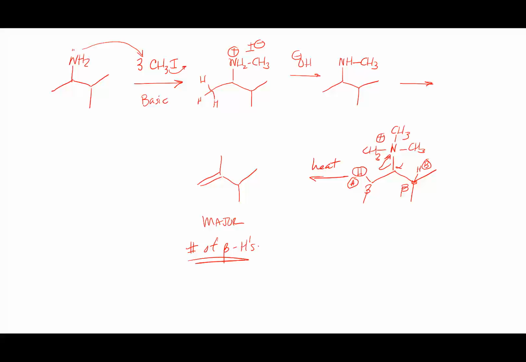What's left is this hydrogen comes in here, the N leaves, so I end up with a double bond, and there is no methyl group there. So that's the correct one.